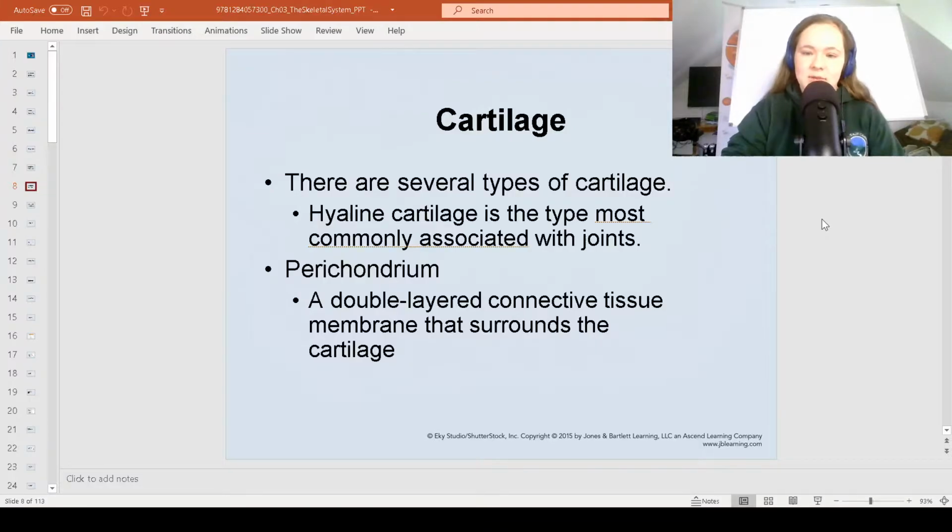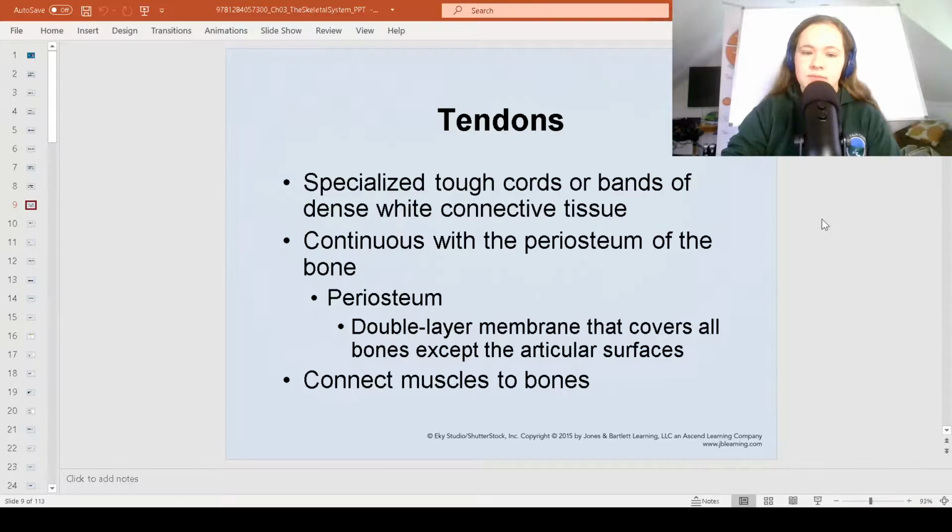There are several types of cartilage. Hyaline cartilage is the type most commonly associated with joints. Perichondrium is the double-layer connective tissue membrane that surrounds the cartilage.